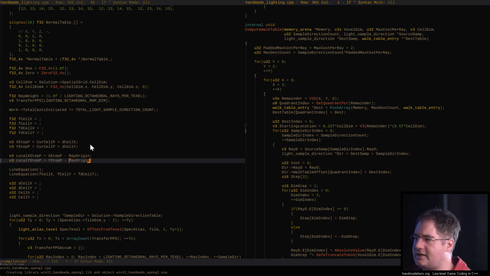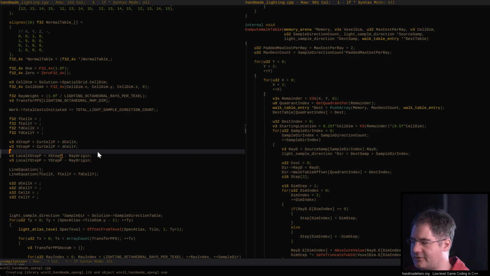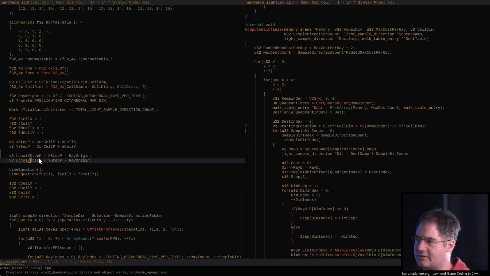And you can already see that we will be able to simplify that completely by just pre-subtracting the ray origin from whatever the current cell P is, right? So we won't have to pay this cost at all. You can already see it ahead of time, because it's just a constant that's always subtracted. So that'll be free. This part will be free.